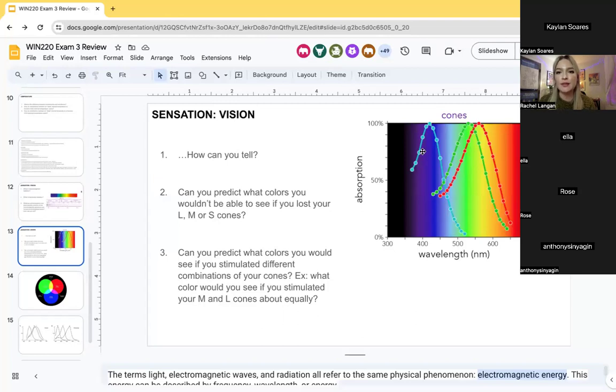You would just have blue and one other color over here, which tends to be yellow.